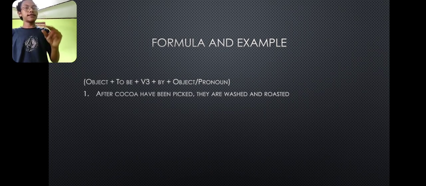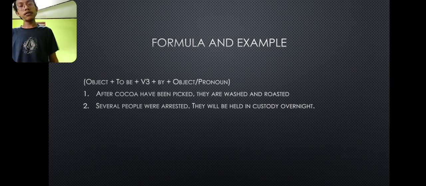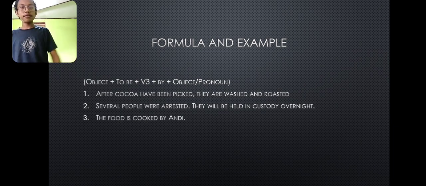So the action is not on the person, not on the subject, but on the cocoa itself, right? The object. Now the second is: several people were arrested and they will be held in custody overnight. And the third is: the food is cooked by Anna.